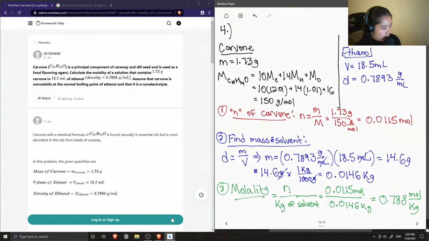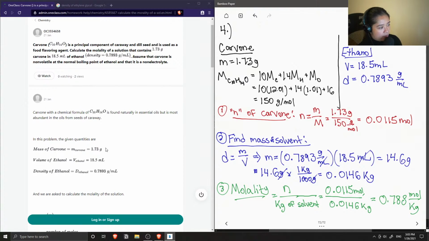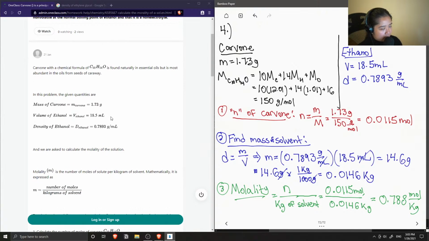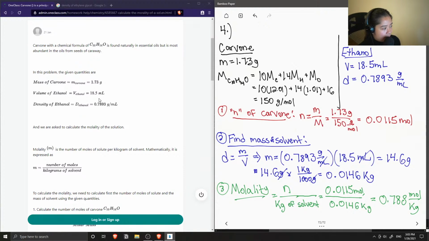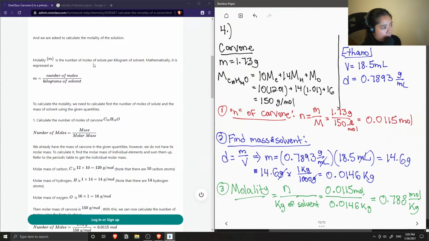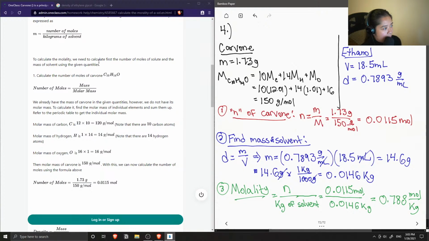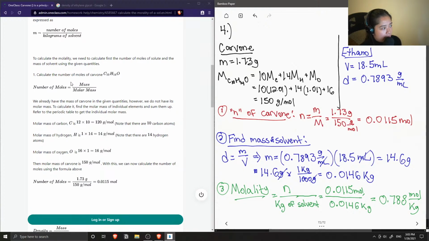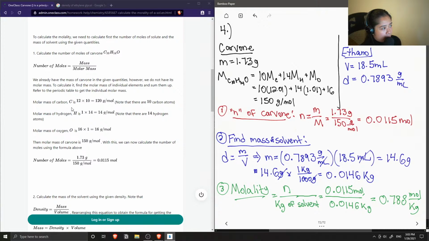Okay, so the junior tutor said that carvone is found naturally in essential oils, but is most abundant in the oils from the seeds of caraway. In this problem, the given quantities are the following. So they also wrote everything down, and they're asked to calculate the molality of the solution. So this is the number of moles of solute per kilogram of solvent. And first they found the number of moles of carvone. They calculated the molar mass of carvone and also got 150.